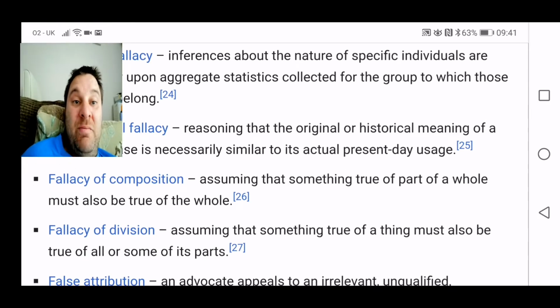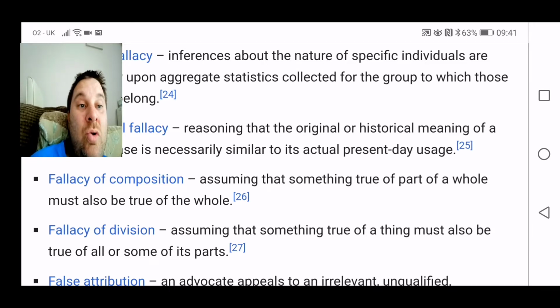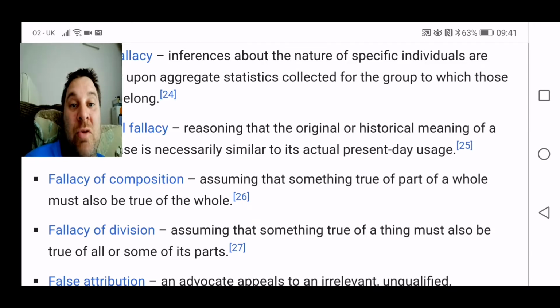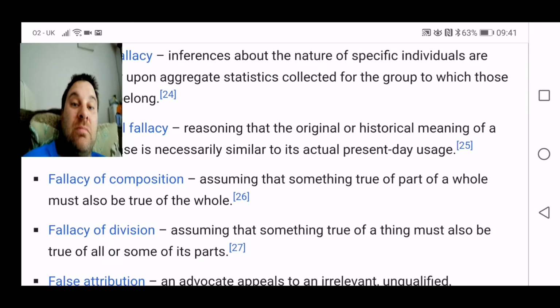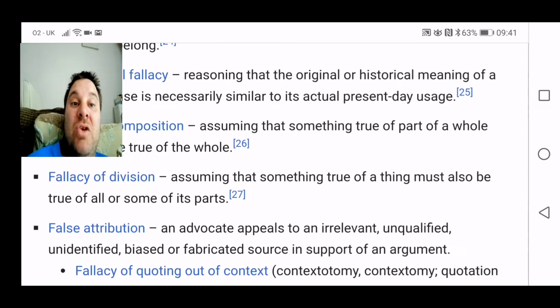Fallacy of composition: assuming that something true of part of a whole must also be true of the whole. Fallacy of division: assuming that something true of a thing must also be true of all or some of its parts.